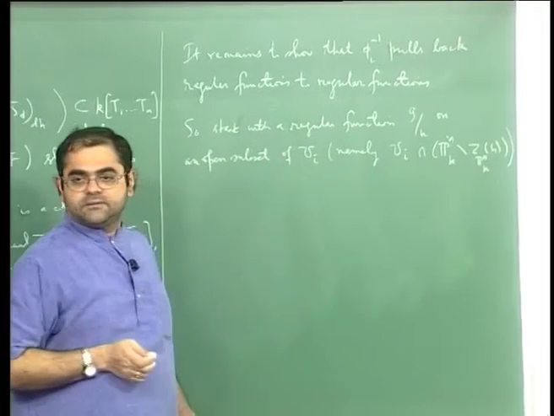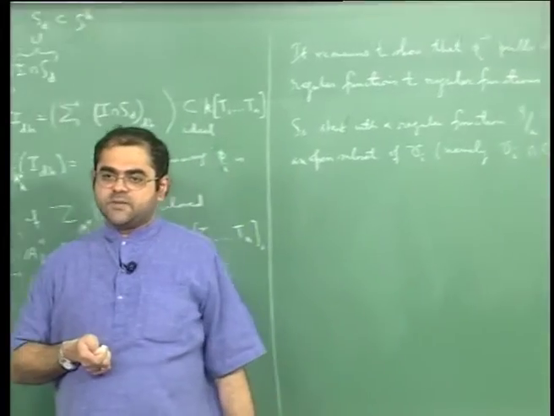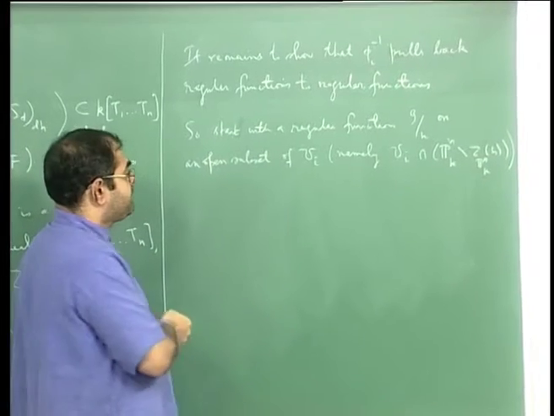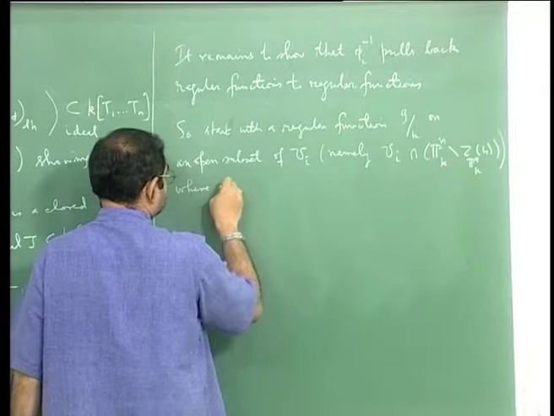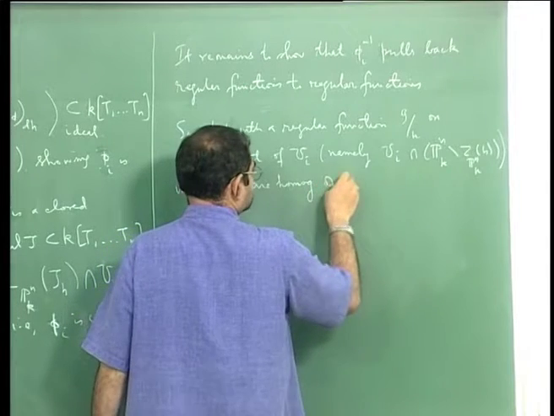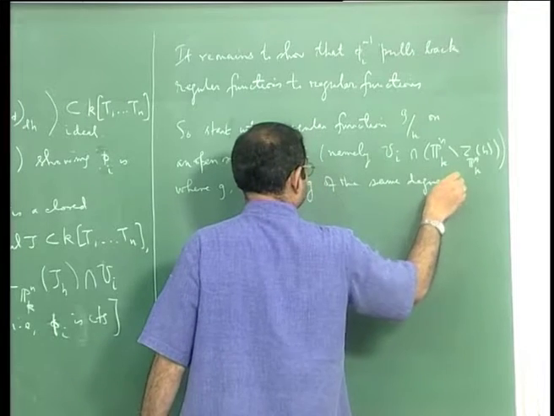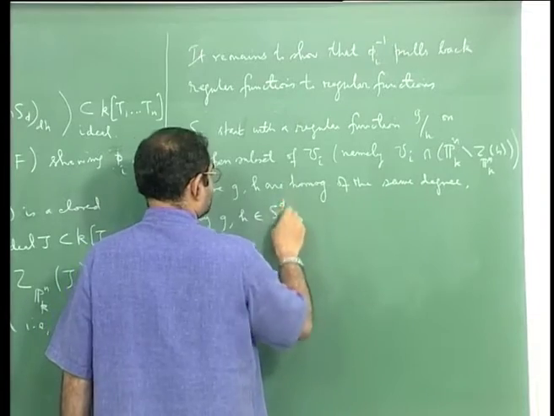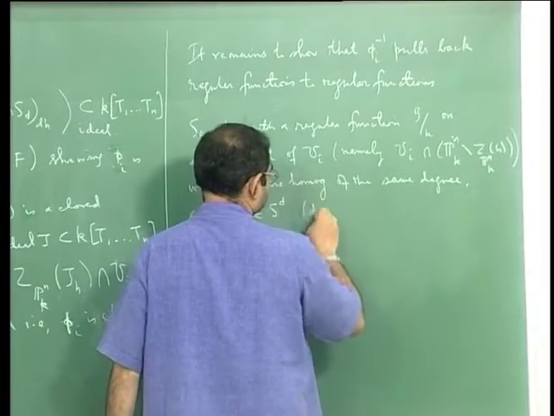So you know a regular function on a quasi projective variety or projective variety is just a quotient of homogeneous polynomials of the same degree. So I start with a regular function g/h on an open subset of this, where g, h are homogeneous of the same degree, say g, h are in some degree d part.